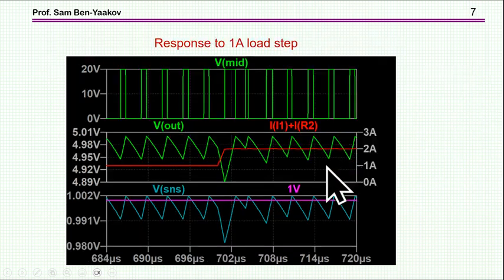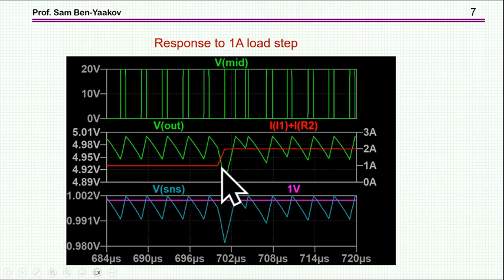And here is the response to a load step, 1 amp. This is the load. And you see that we have a constant output, and then we have the load changing. There is a drop in the voltage, and you see that just about within 1 cycle of the switching frequency, there is a recovery.